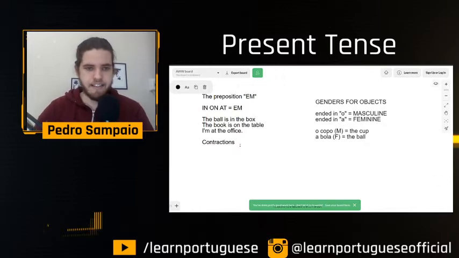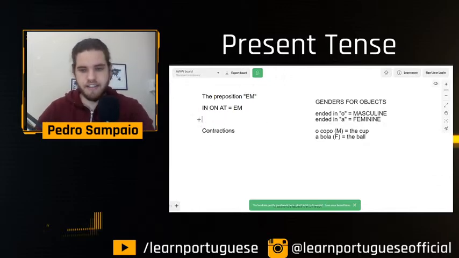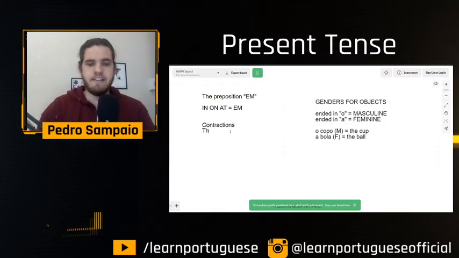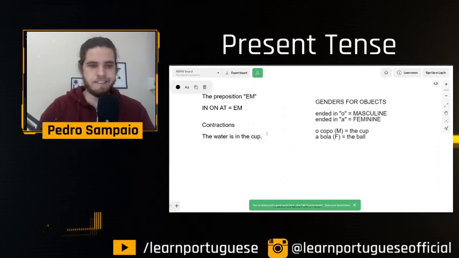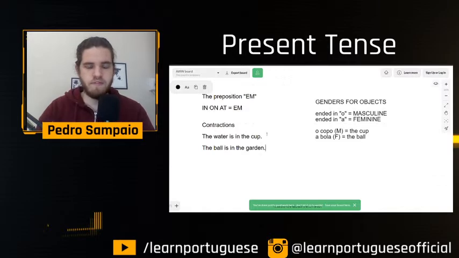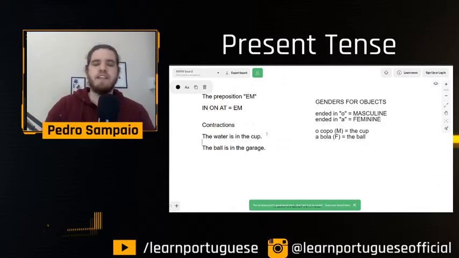Let's take as an example, I don't like any of these sentences, let me use something else. The water is in the cup. Something else. The ball is in the garden. A garden, let's say garage. I want to use a feminine word. So can you guys translate these sentences?